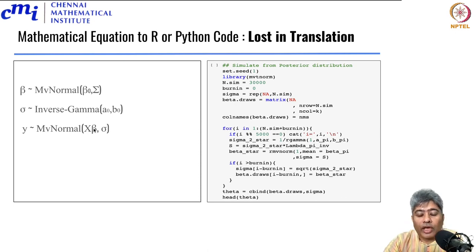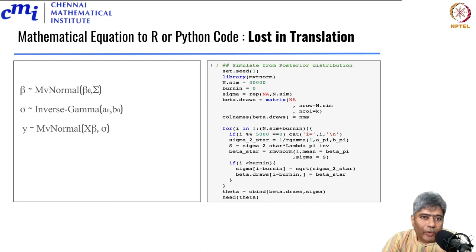Now if I have to implement this model, say in R, this will be the code. It is the code which is written by me. There are some functions also where you can call these functions and do that.